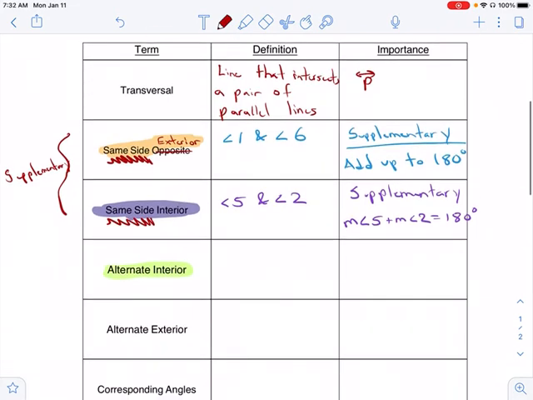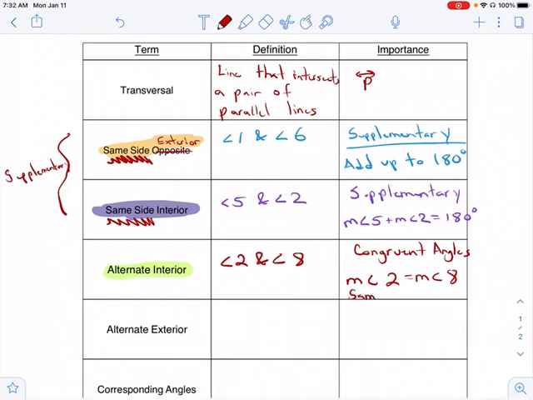So these are congruent angles. So this would generally be measure of angle 2 equals measure of angle 8. So same measurement.